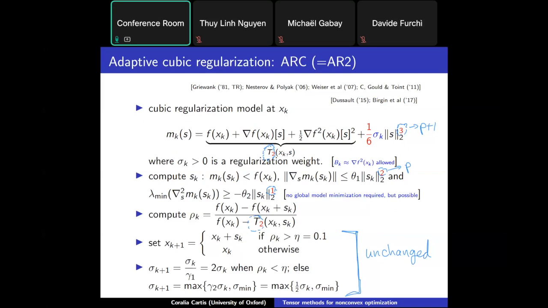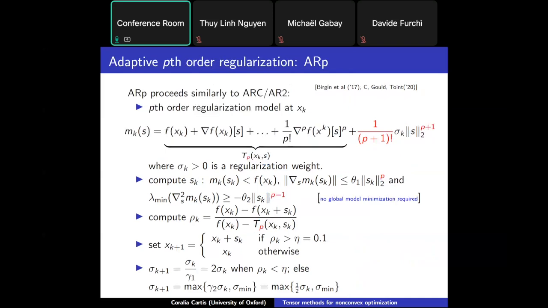If I make progress in decreasing my function, then I don't need to do anything to sigma. If I fail to decrease f, then I have to increase sigma. This part stays the same as for second order cubic regularization. In fact, most things stay the same, except that instead of second order, I'm going to put a pth order Taylor approximation here and a p plus 1 power there, and adjust those other powers accordingly. So here's my ARp.